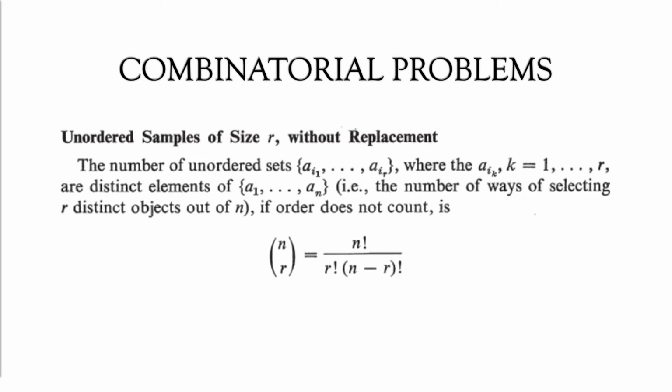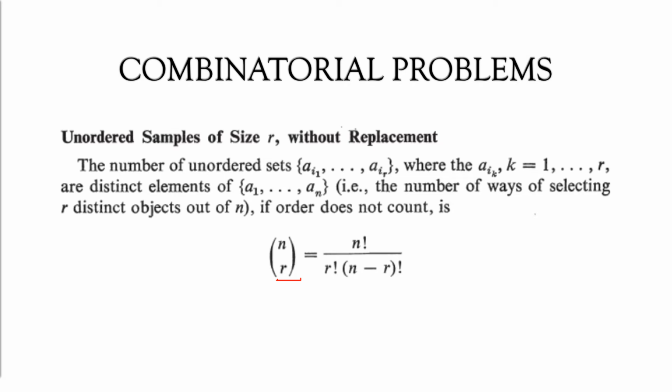To see this, we are going to consider two processes. The first one is to select r distinct objects out of n without regard to order. This can be done in n objects taken r at a time ways, which is to be determined.